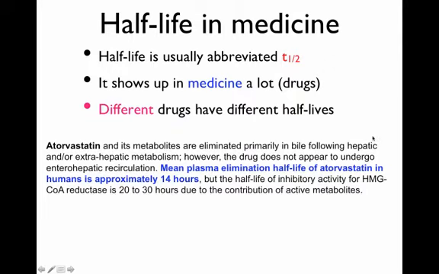If you don't know what a package insert or prescribing information is, if you've ever gone to the pharmacy and picked up a prescription medication, they will usually hand you a box or a bottle full of pills, and there will come along with that a large sheet of paper with very, very tiny print, and it will list pretty much everything that's known about that drug. And almost always in the prescribing information, they will list the half-life of the drug.